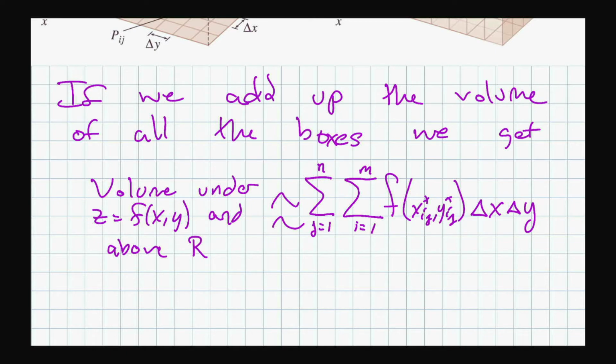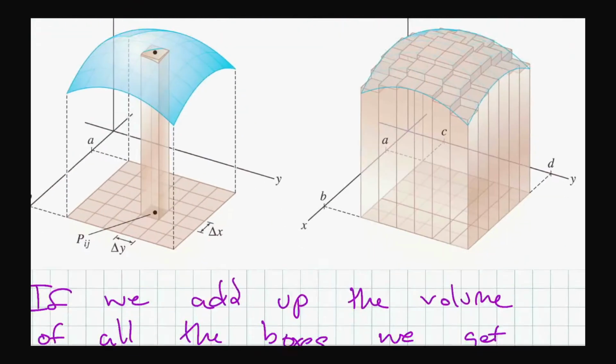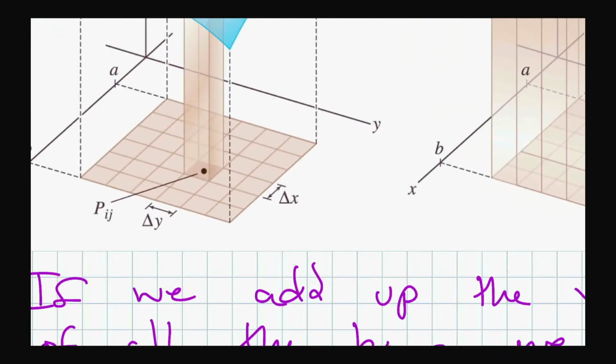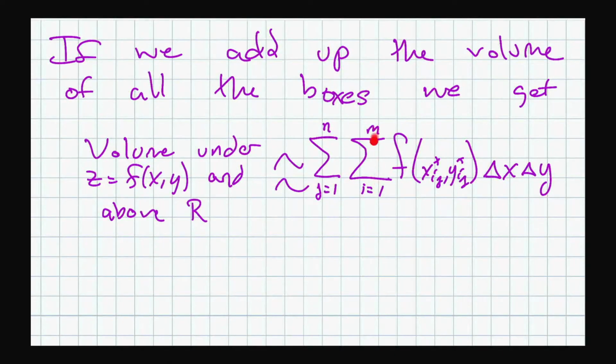And it actually doesn't matter which order you do this in. So you have m intervals that way, and you have n intervals that way. And in order to sum over all of your boxes, you've got to sum over all of the i's and all of the j's. And this would be the volume of a single box.